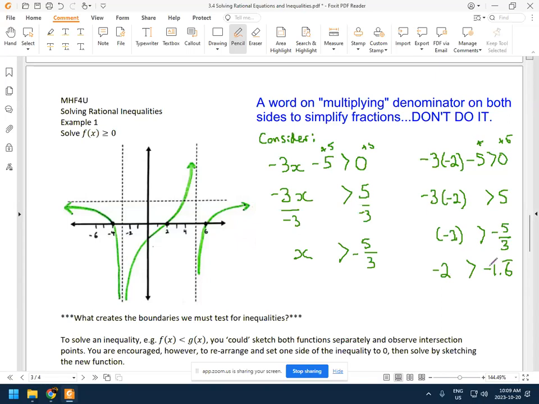So by solving this, sometimes it works, and sometimes it does not work. That's not going to be helpful for us. When you are solving inequalities, this ambiguity cannot exist. And so we test it.